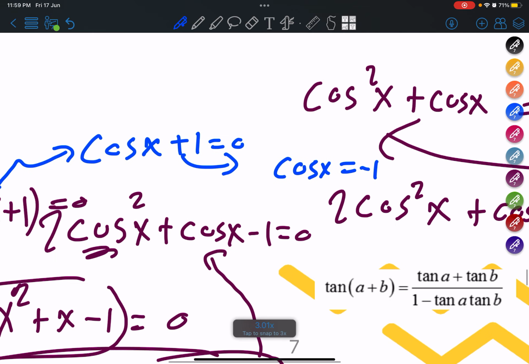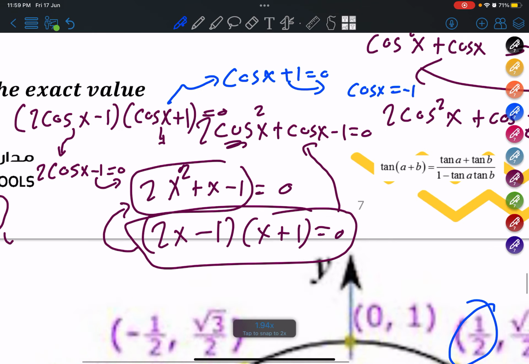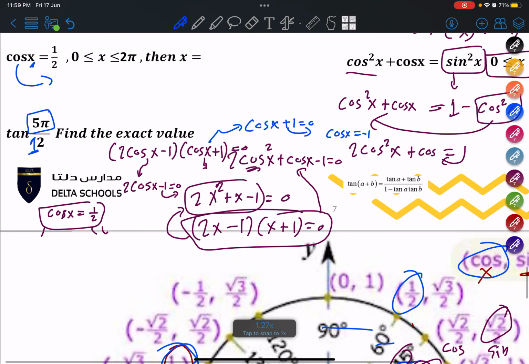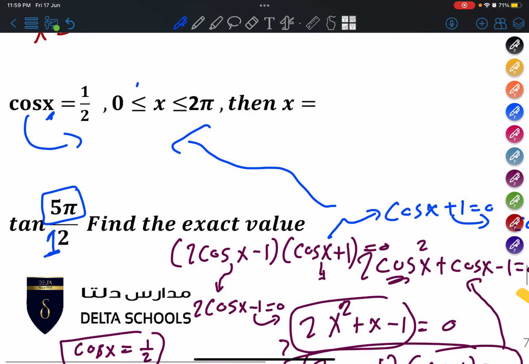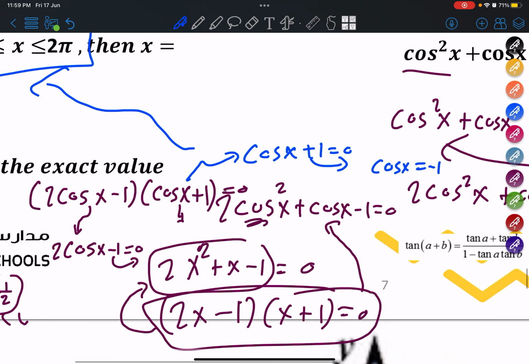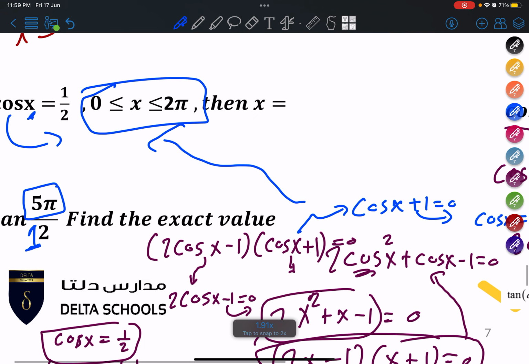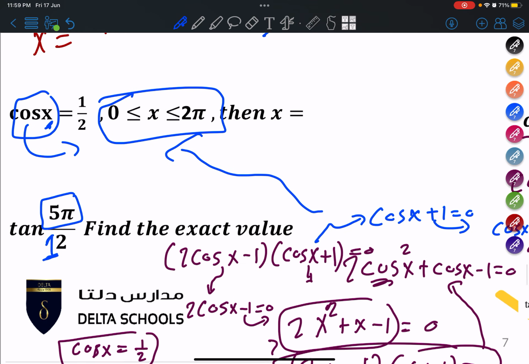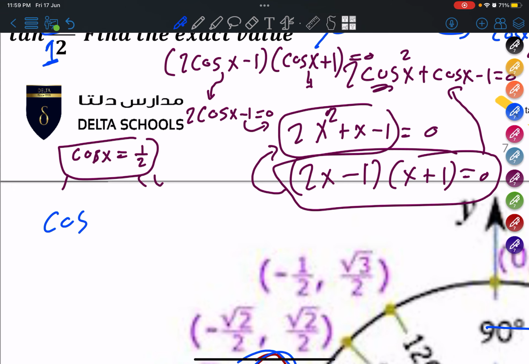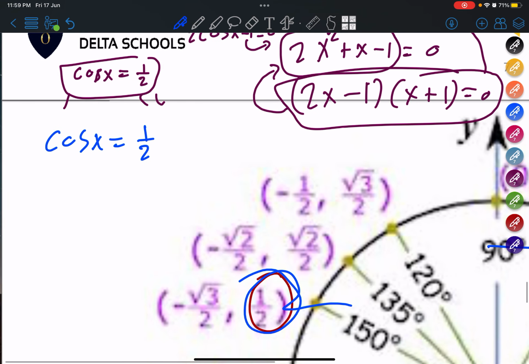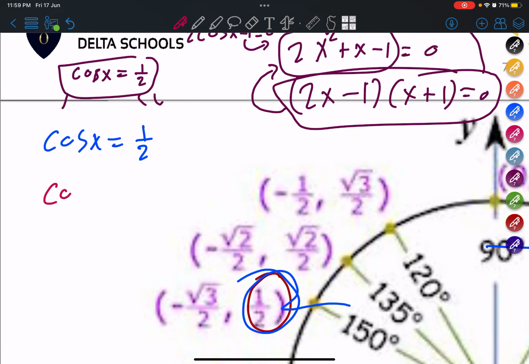Okay, so here we have kind of like the first question where they asked us what is cosine half in this interval from 0 to 2 pi, but now we have two values instead of one. So our first equation is cosine x is equal to 1 over 2, and the second equation is cosine x is equal to negative 1.